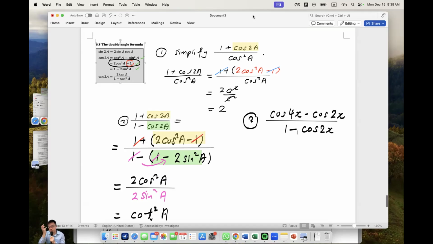Can you simplify this as well? Can you try to simplify this before I discuss?